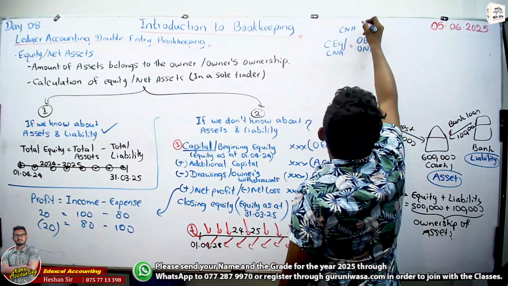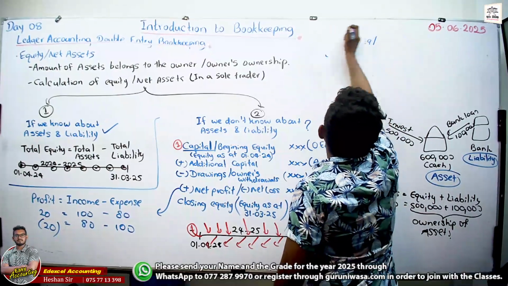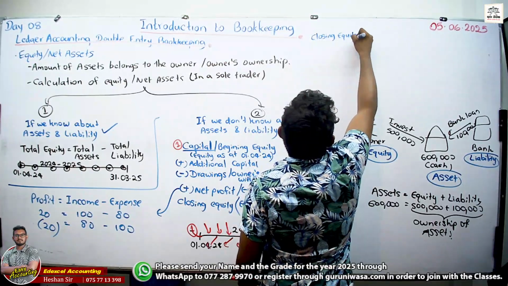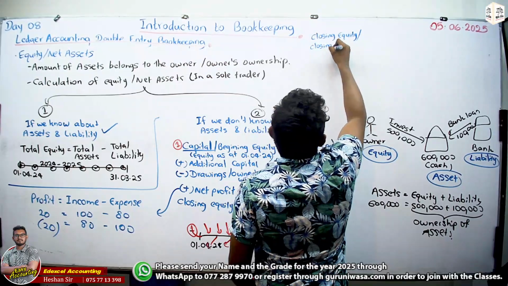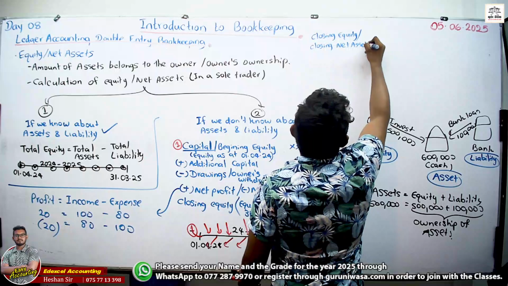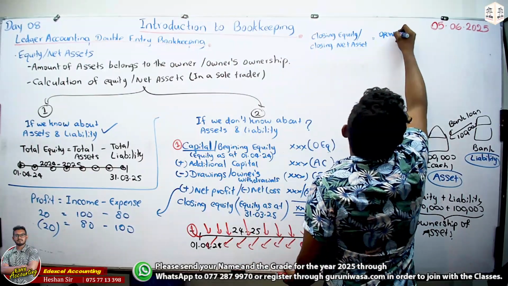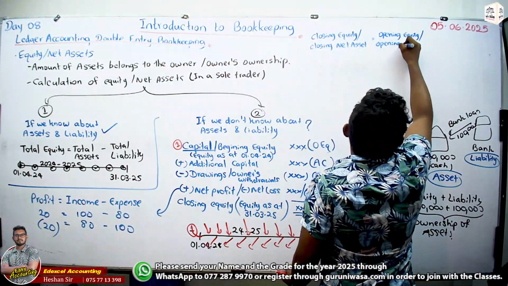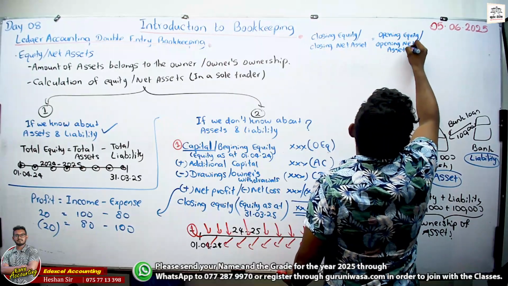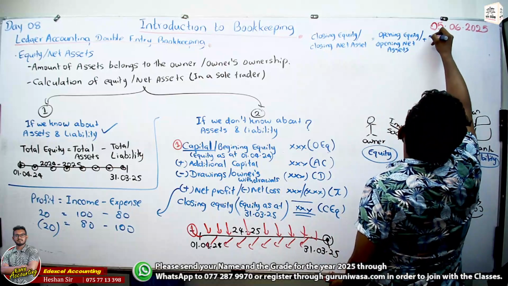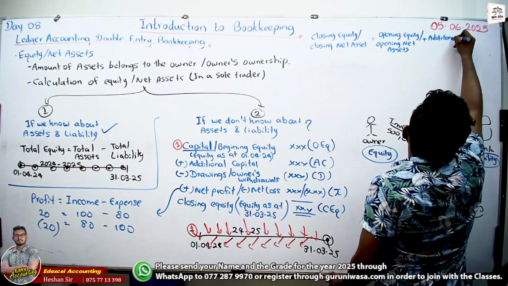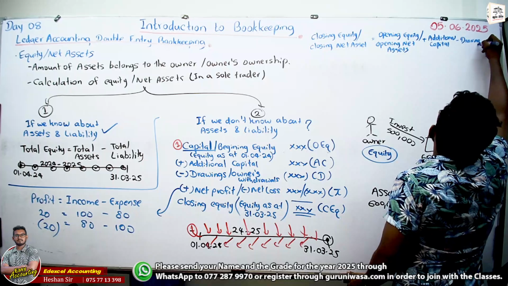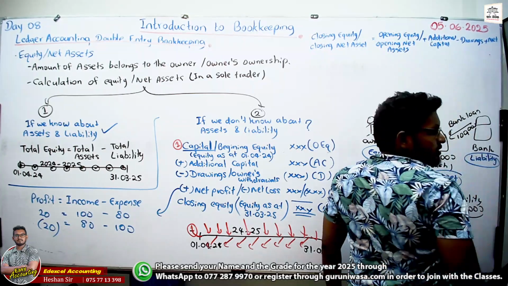Closing equity. Closing means closing date, now. Closing net asset. Both are the same. Equal opening equity or opening net assets, right, plus additional capital minus drawings plus net profit.